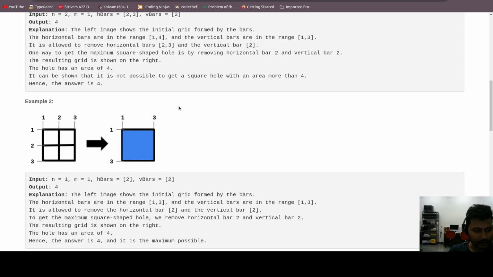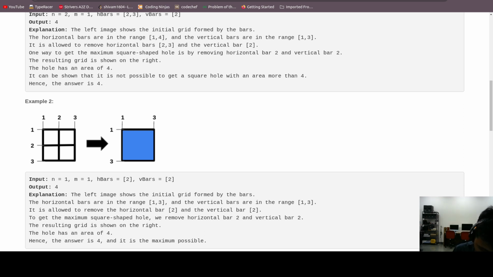So the main task is, suppose we are having this line and this line, in which you can remove this one and this one. If you remove this one, you will get this area plus this area, and if you remove this one, you will get this area.